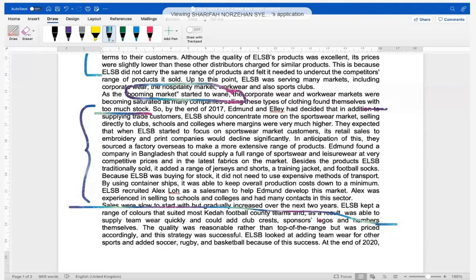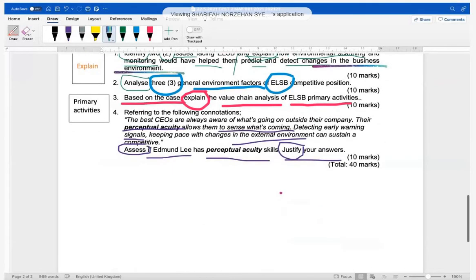The activity of moving from one particular market to another, okay, because admin realized that they have to change somehow or other. And that attitude of admin can be related to answering the last question just now about perceptual acuity.